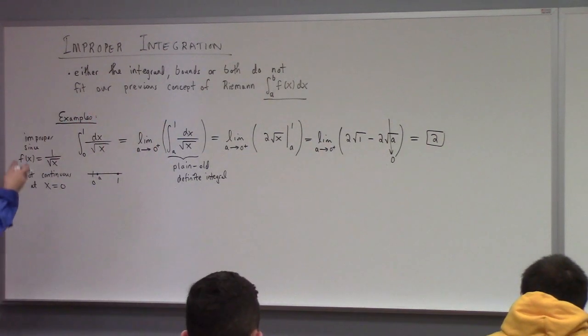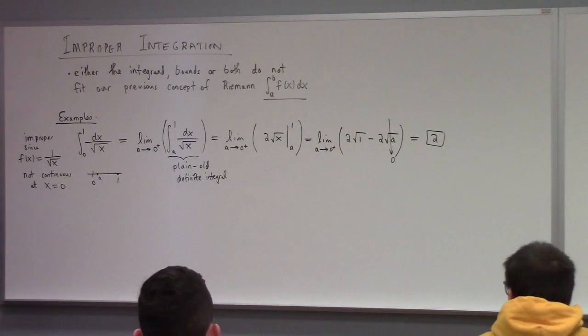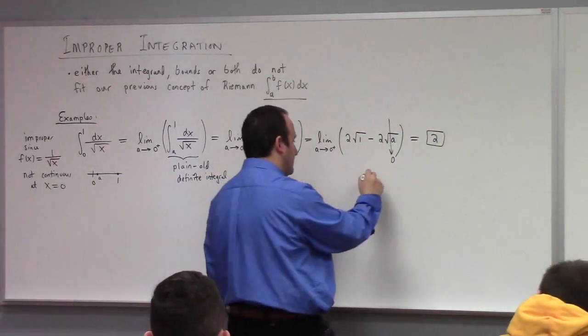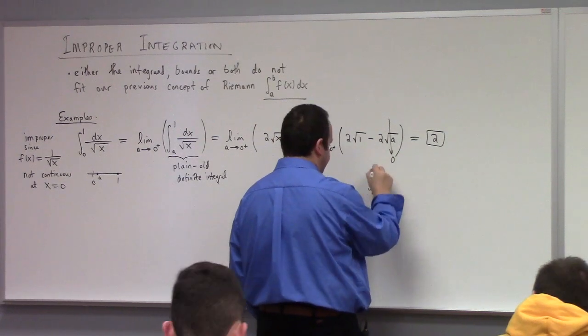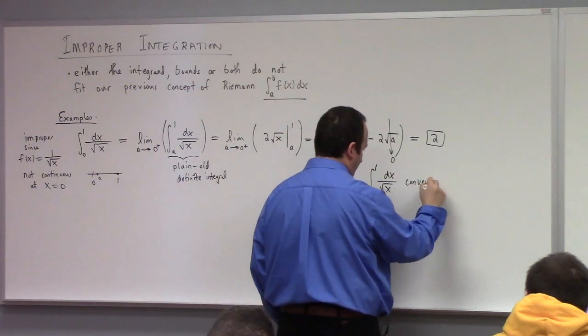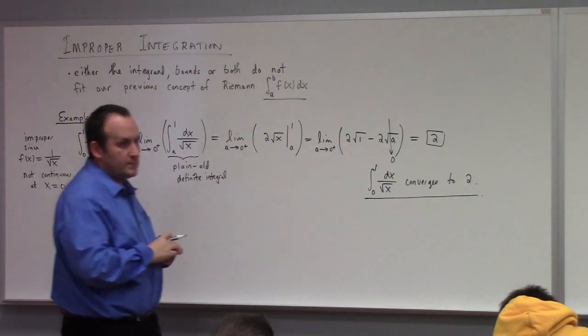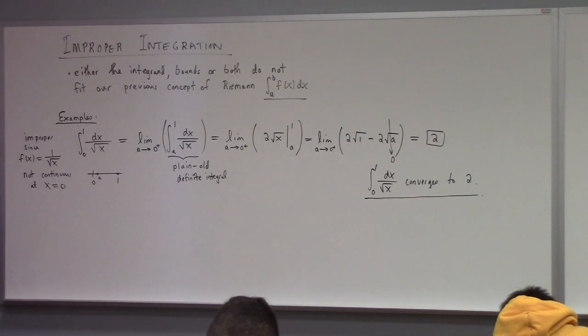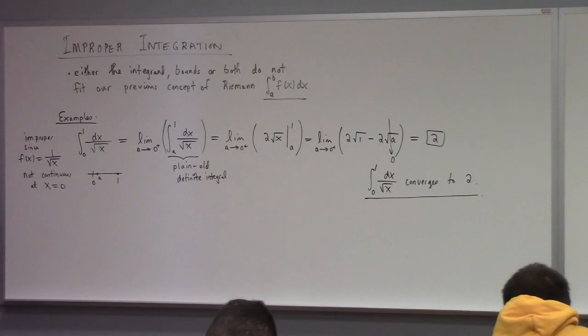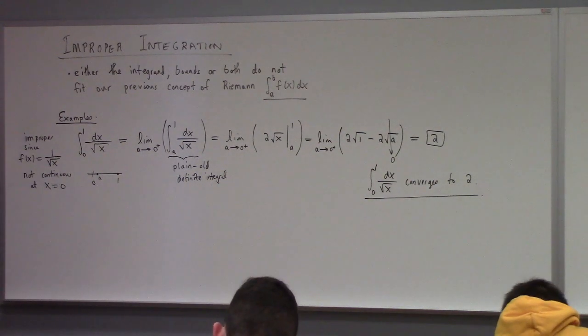So we say that this improper integral converges to 2. If a goes to 0 from the right, then the square root of a goes to 0.